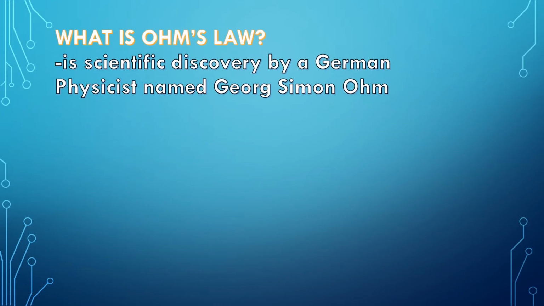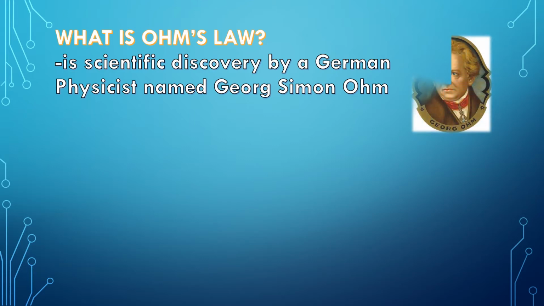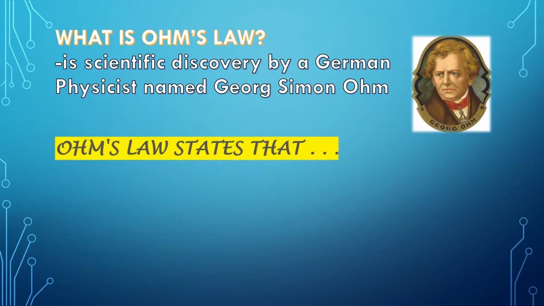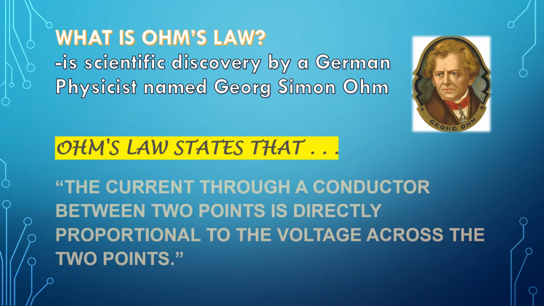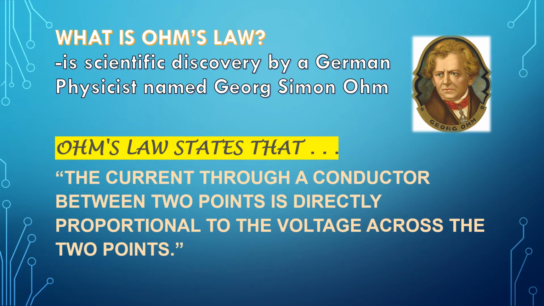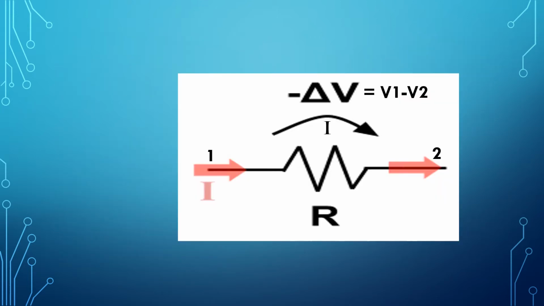What is Ohm's law? Ohm's law is a scientific discovery by a German physicist named Georg Simon Ohm. Ohm's law states that the current through a conductor between 2 points is directly proportional to the voltage across these 2 points.